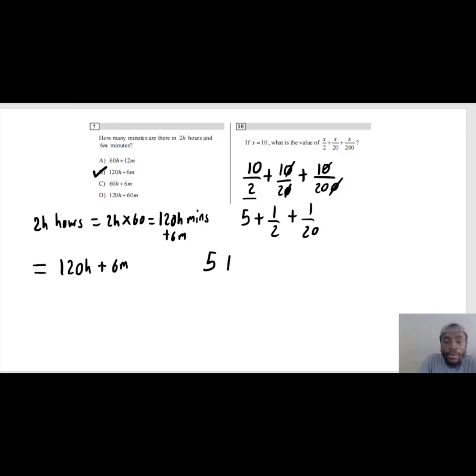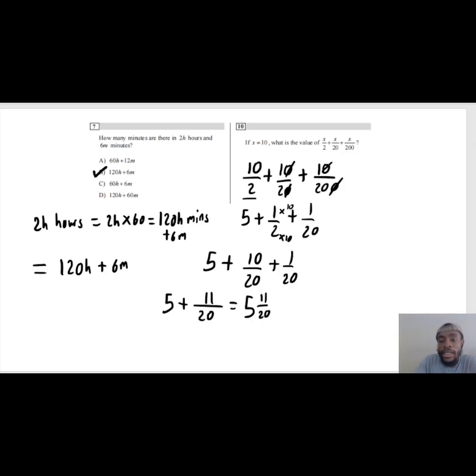So this is 5 plus, and let's make 1 over 2 have 20 down. So if I multiply here by 10, and multiply here by 10, 1 over 2 is the same thing as 10 over 20, plus 1 over what? 20. So what would that give us? 5 plus 10 plus 1 is what? 11. So my answer is 5 whole number 11 over 20.